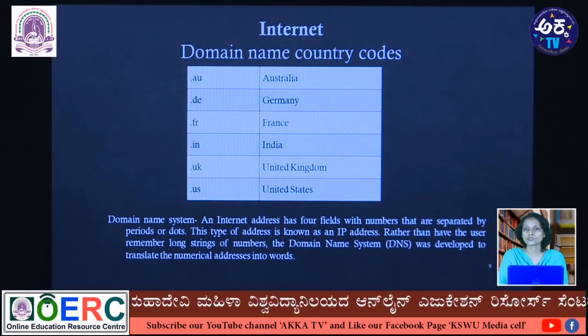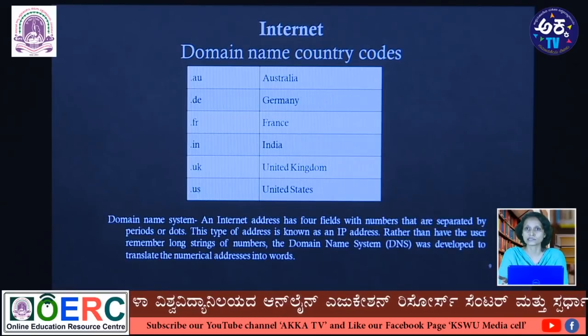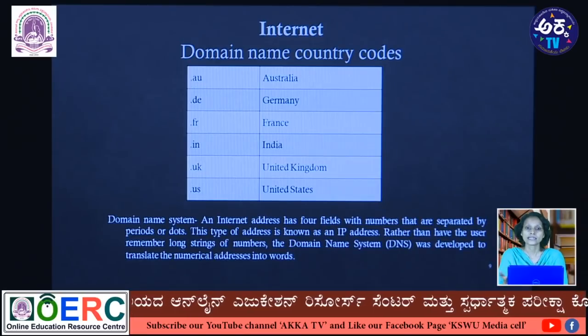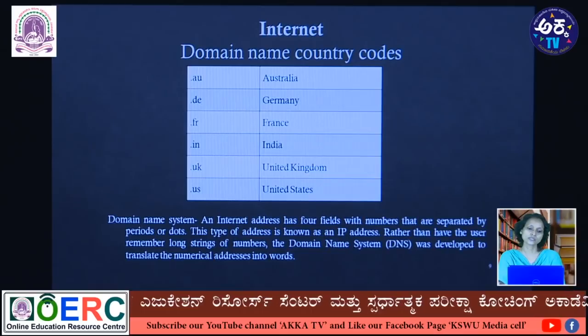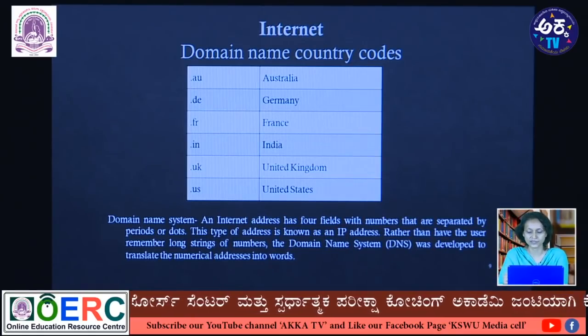It could be like 168.122.5.3. If I say something like this web address, it is very difficult for us to remember for each topic. So we started translating this numerical into words so that it is easier for us to remember and identify as well.